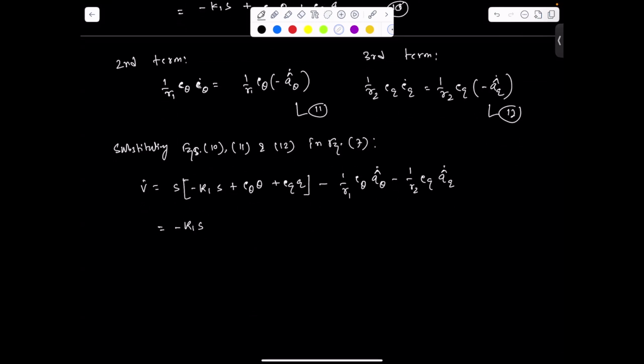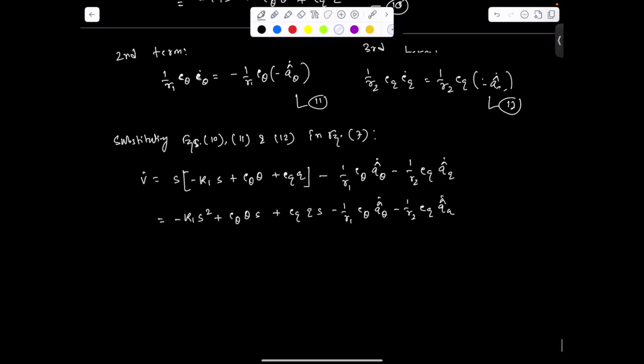And from this we can write minus Q1 S square plus E theta theta S plus EQ Q S minus 1 upon R1 E theta A theta cap dot minus 1 upon R2 EQ AQ cap dot.